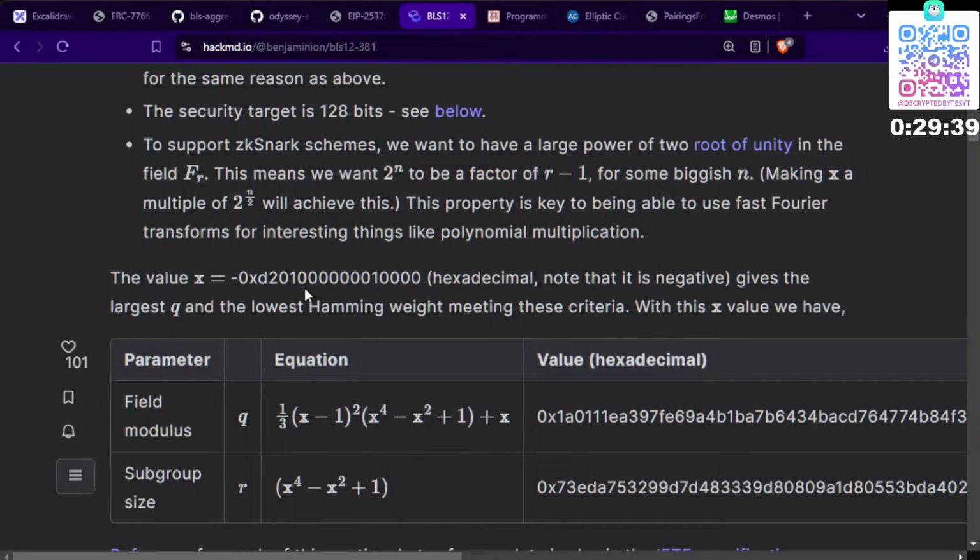Making x a multiple of 2 raised to n by 2 will achieve this. This property is key to being able to use fast Fourier transforms for interesting things like polynomial multiplication.